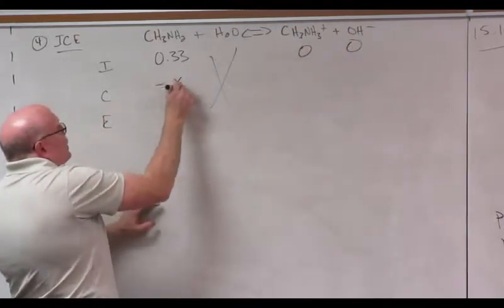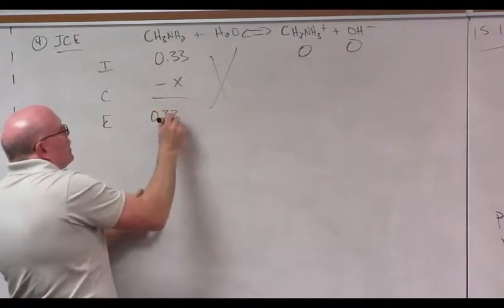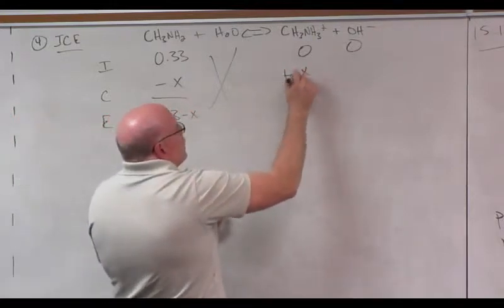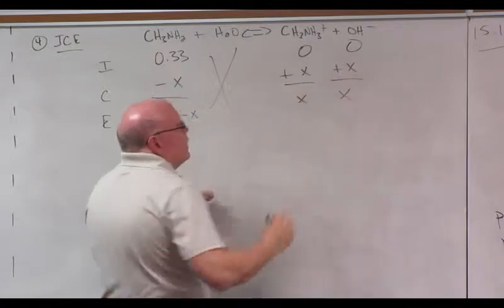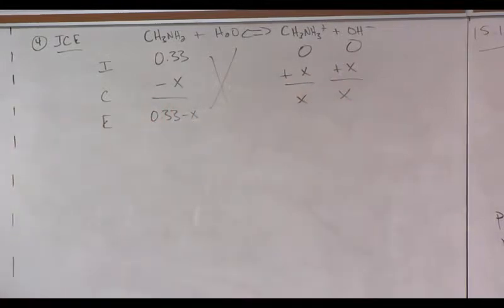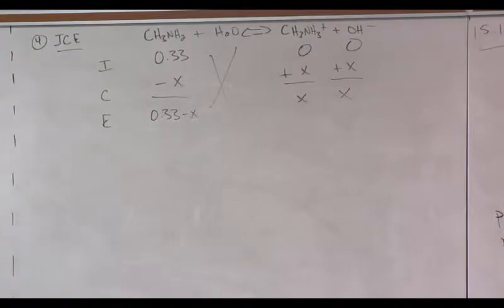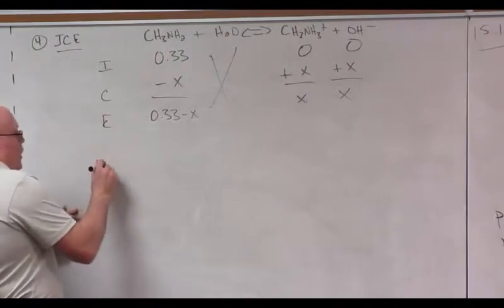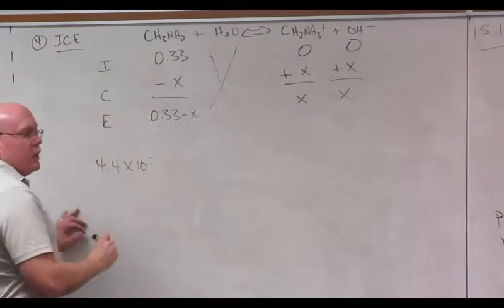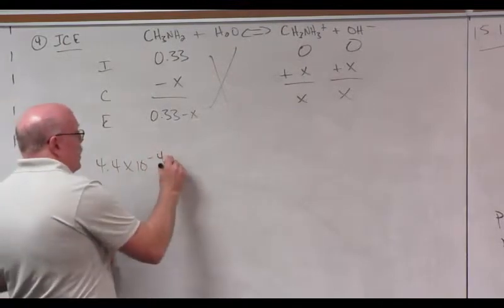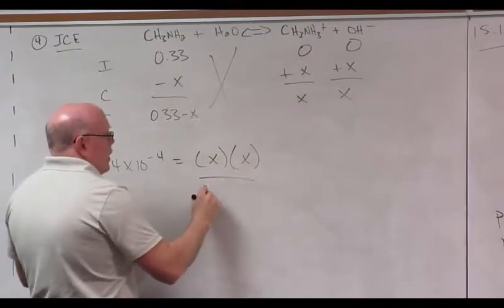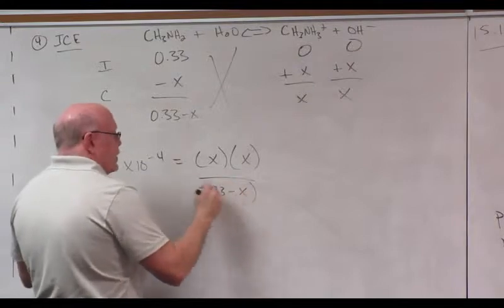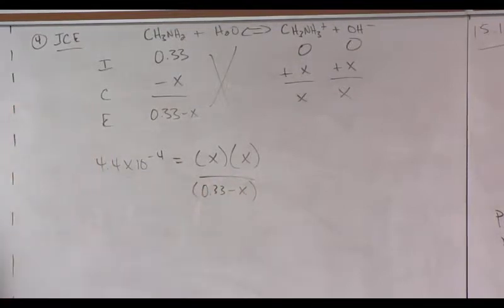Everything else is X. We have the ice table equilibrium results, and we marry those back to the Kb: 4.4 times 10 to the minus fourth equals X squared over 0.33 minus X. We're back to the same point.